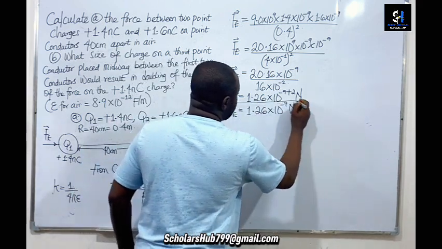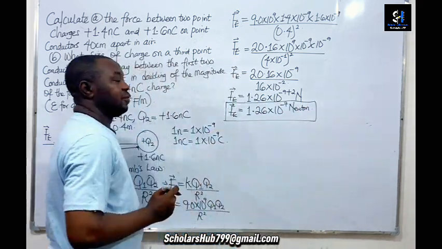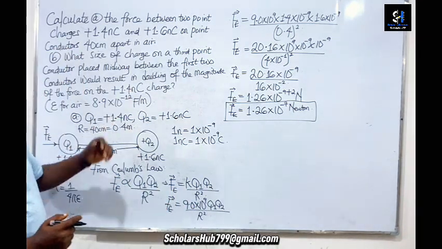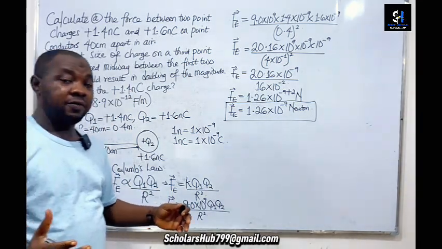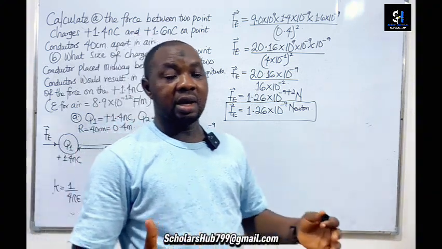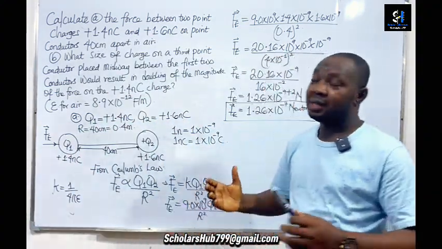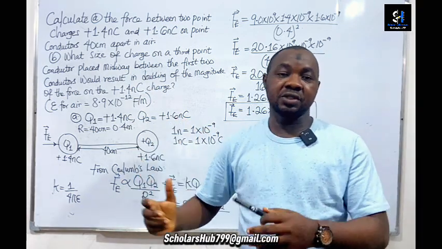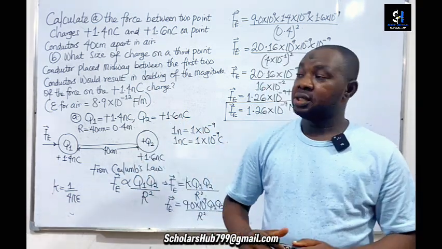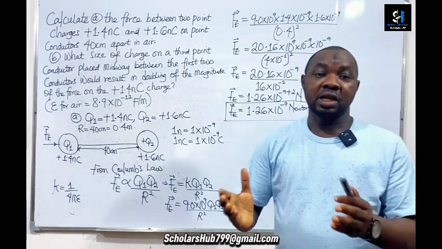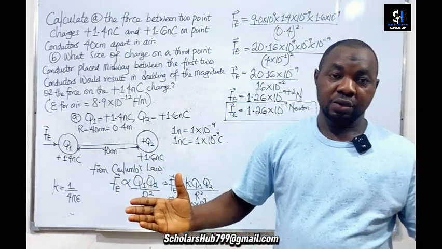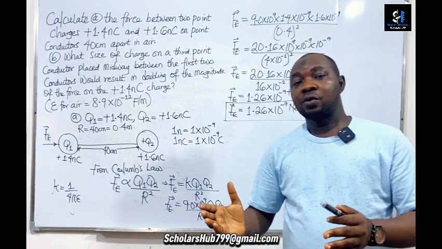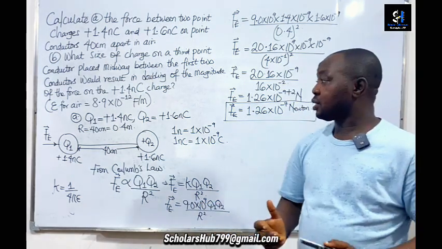So this is the electric force, the force of repulsion, because in this case the force will be a repulsive force since the two charges are like charges. Another statement credited to Coulomb is that like charges of electrification will repel each other, while unlike charges of electrification will attract each other.